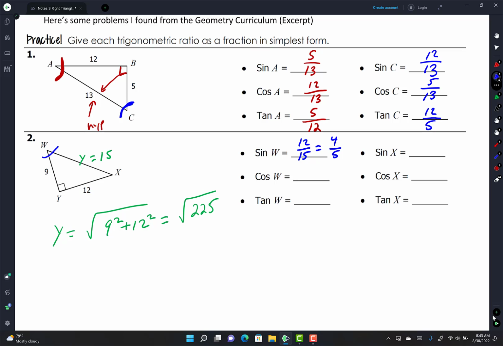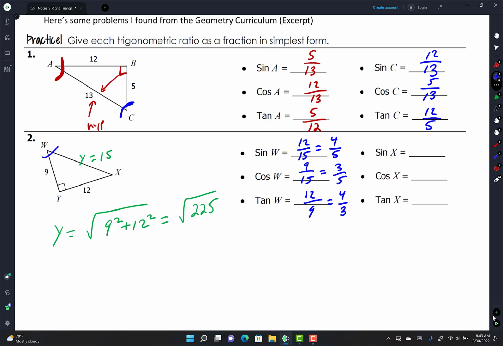Cosine W, adjacent over hypotenuse, 9 over 15. 3 goes into 9 3 times. And 3 goes into 15 5 times. So 3 over 5. And then tan W, opposite over adjacent, 12 over 9. 3 goes into 12 4 times. 3 goes into 9 3 times.